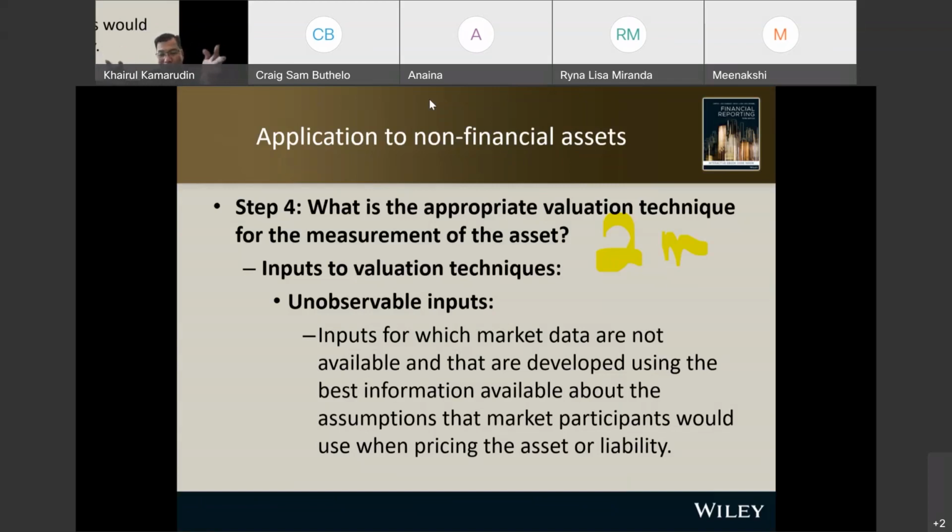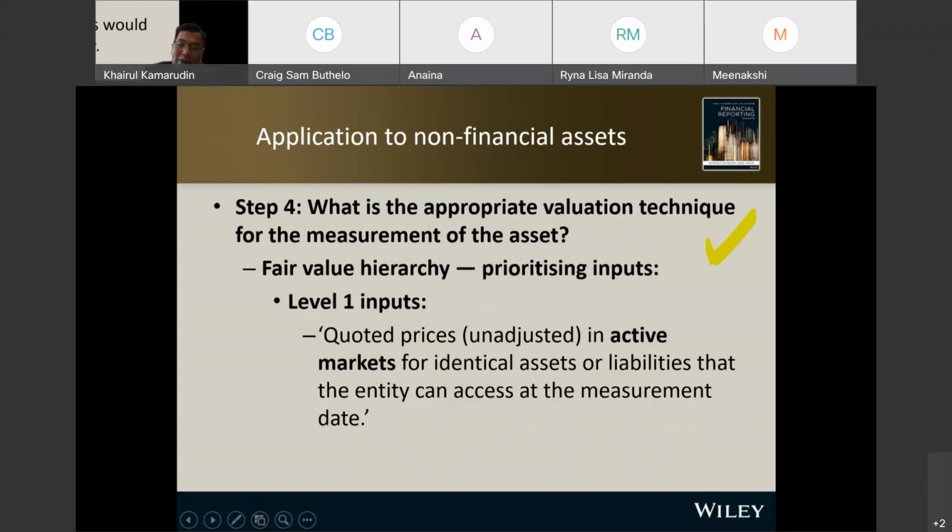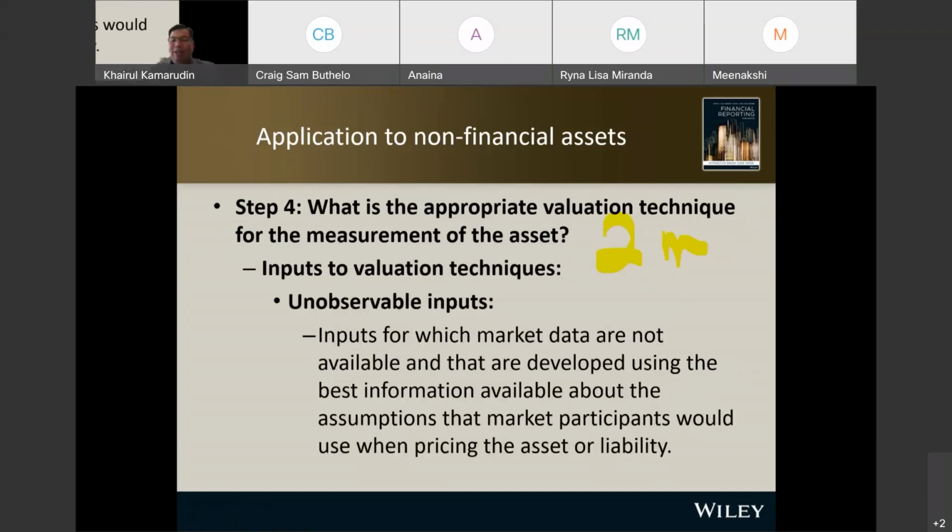The COVID problems are already solved, so many people will come, the economy will boom and so on. So that is the unobservable input based on your assumptions. So the bank will approve, saying yes, this 2 million is a good value, so we can give you a loan for 2 million to buy that asset. So that's how it works.